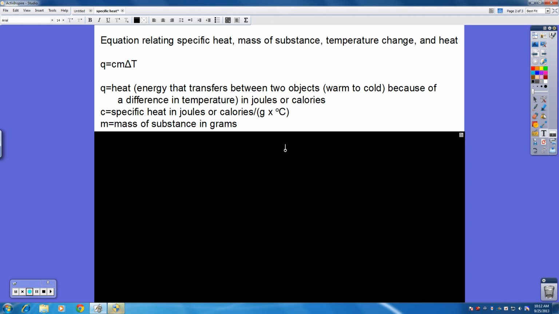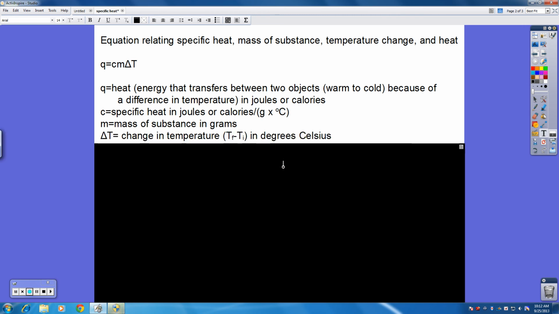The M is the mass of the substance in grams. Obviously, take an example we all know, say water. It's going to take more heat to heat up more water, so the mass of the substance clearly matters. And delta T is the change in temperature: temperature final minus temperature initial in degrees Celsius.